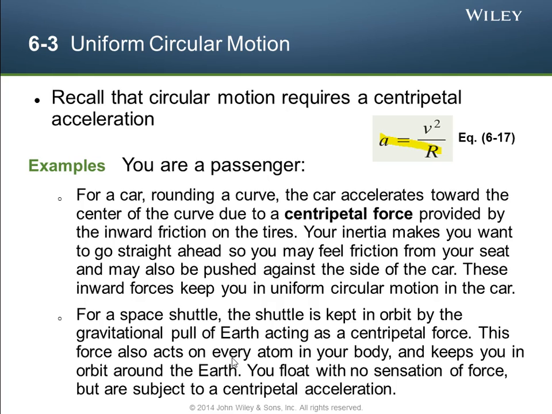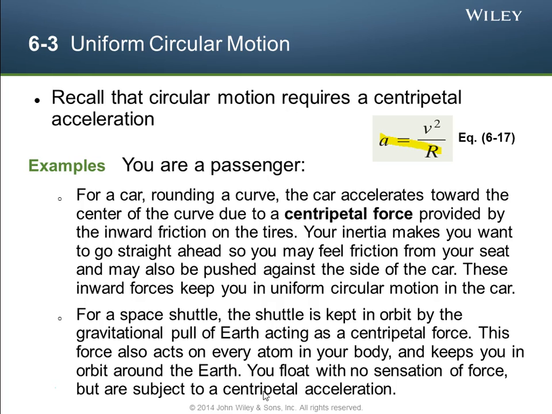But in both cases, the sensation that you feel is not necessarily indicative of the actual forces acting on you or the force that's causing the centripetal acceleration. Because when you're orbiting the Earth, you feel like you're in free fall, or you feel like you're in no gravity. However, you actually are experiencing gravity, but because of your tangential initial velocity, you're in that circular orbit and you're always falling towards the Earth.